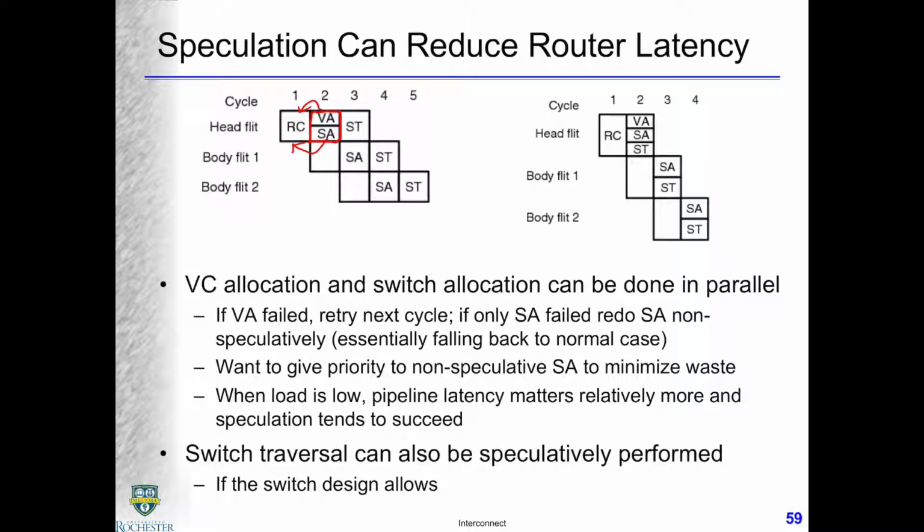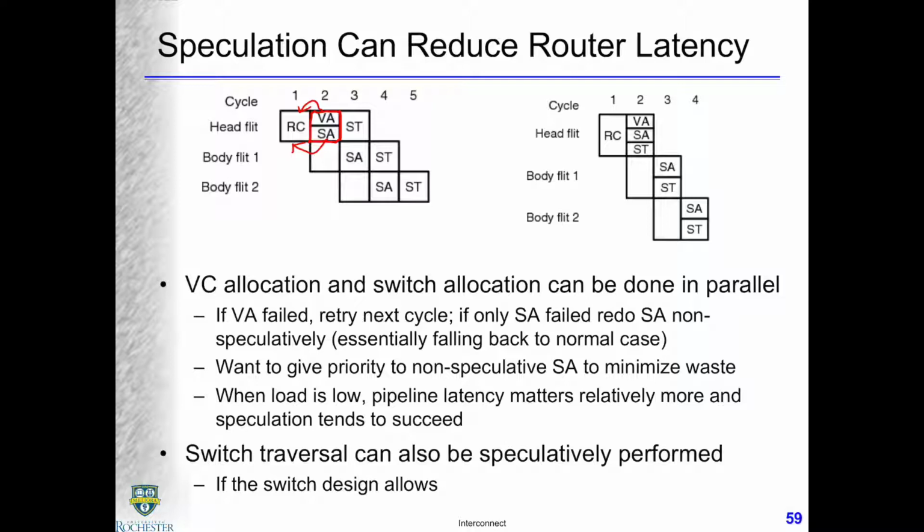Okay, so if you allocated the switch before you even know you end up having a VC to get into at the destination, then you could get the switch resource and not use it. But if latency is what you care about, you can do these two things at the same time.